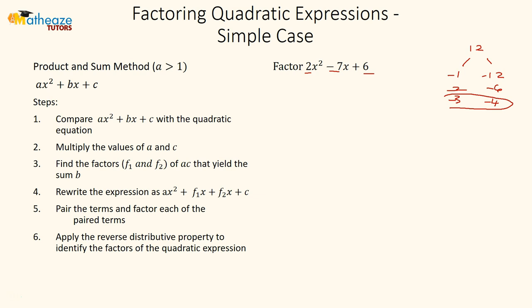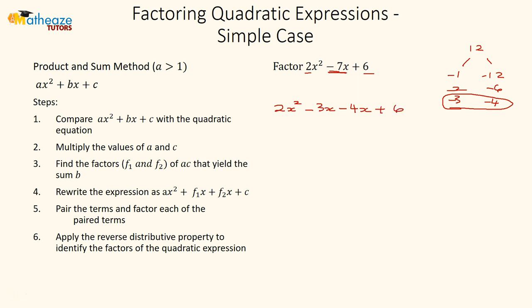This right here. So this is where it's a little bit different. What we're going to do now is replace negative 7x with negative 3x and negative 4x. So this is how that goes. This is 2x squared, and instead of negative 7x, we're going to say minus 3x minus 4x plus 6.